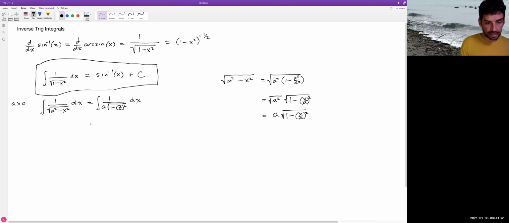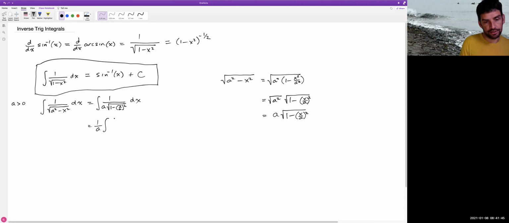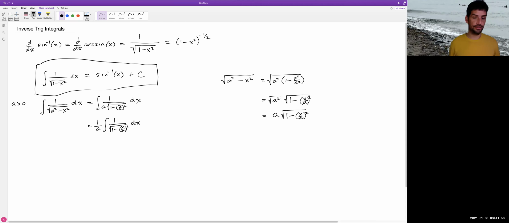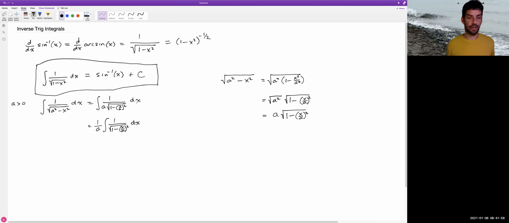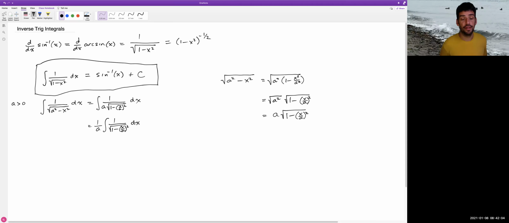And then I can take the 1 over a out front. All right, so now if we look at the integral that we have here, we've got this constant out front. We're not going to ignore it, but I don't need to think critically about it right now.